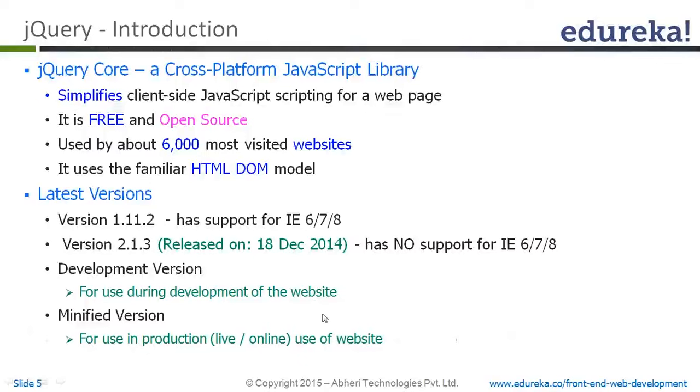So depending upon whether you need to support IE 6, 7, 8, you have to go for 1.11.2. If you don't have to support these older versions of IE, then you can use 2.1.3 directly. Note that 2.1.3 can be used for all other browsers.